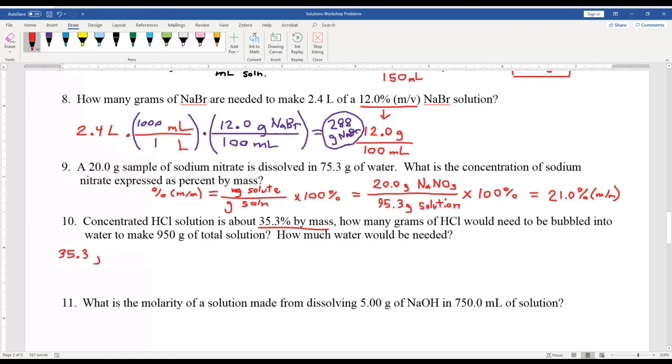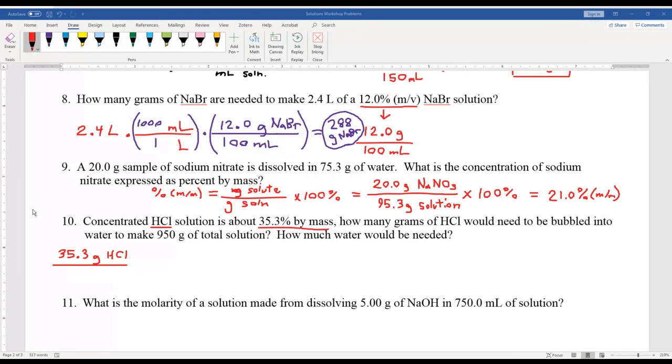Grams, and specifically grams of solute. In this case, HCl is the solute. And it's percent, so that means it's over what? It's over 100.